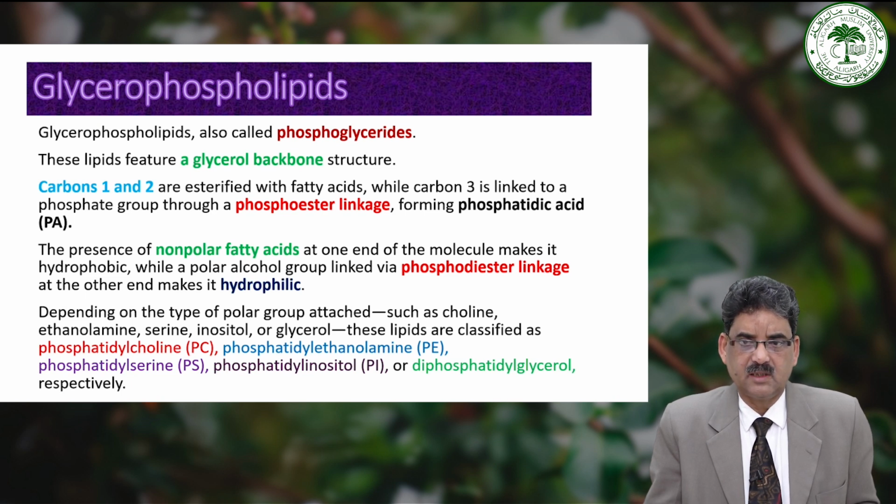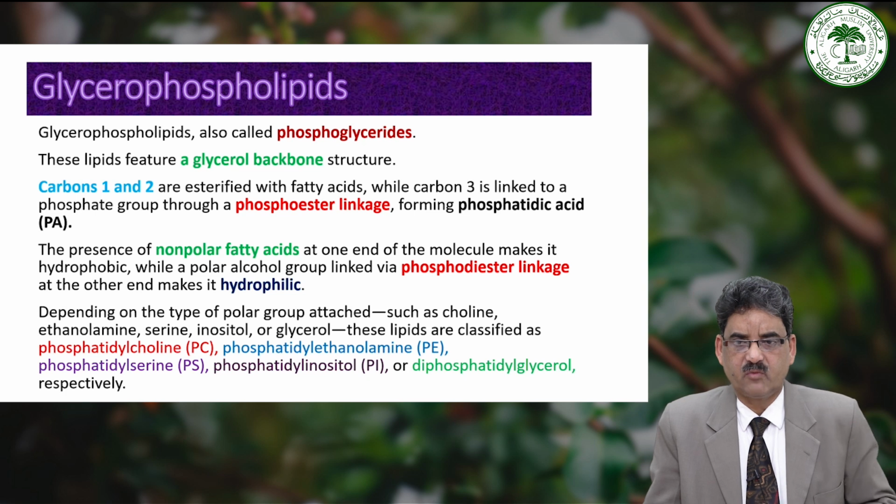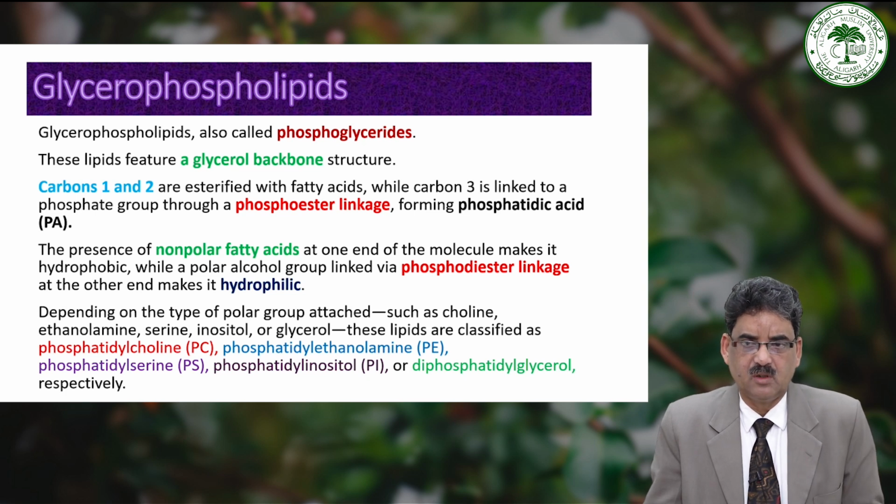This molecule is referred to as phosphatidic acid. The presence of nonpolar fatty acids at one end of the molecule renders it hydrophobic, while a polar alcohol group linked via phosphodiester linkage at the other end makes it hydrophilic.